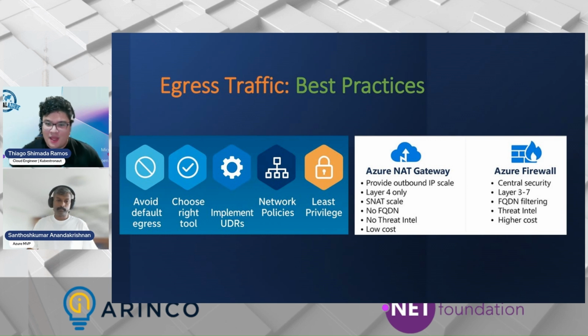So once we have defined our ingress, we can go to the egress. By default, the AKS pods have a simple hop that passes to the SNAT pool. That can really be a bottleneck because you will run out of IPs and ports, and you don't know exactly where the traffic is coming from.